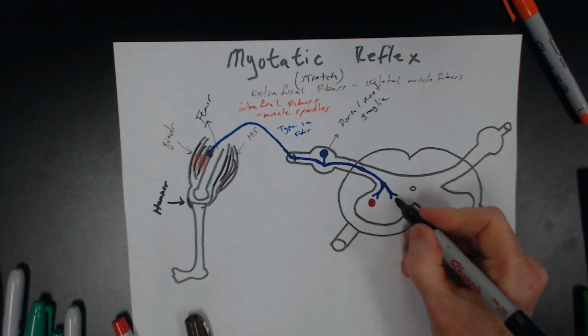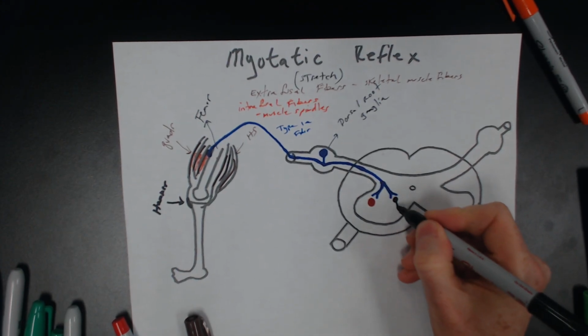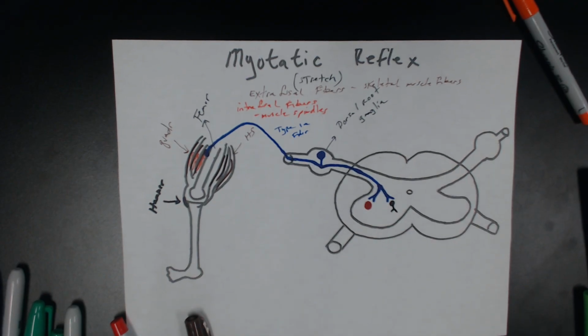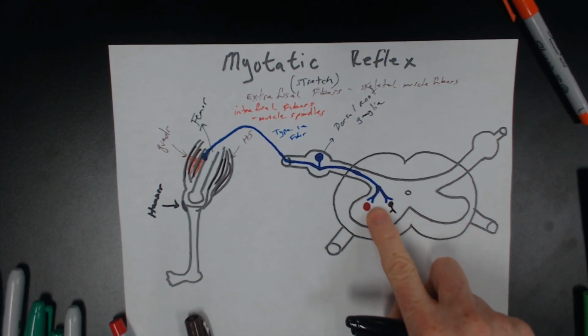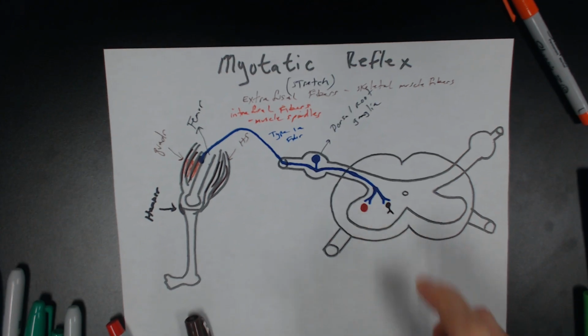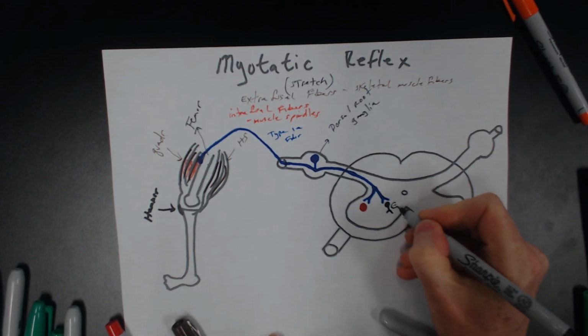We talked about an interneuron briefly when we talked about neuronal histology. Do you remember the interneurons, interconnector neurons in the spinal cord? So one of the axons bifurcates, one's going to connect up with an alpha motor neuron, another's going to connect up with an interneuron, and that interneuron is specifically going to be an inhibitory interneuron.